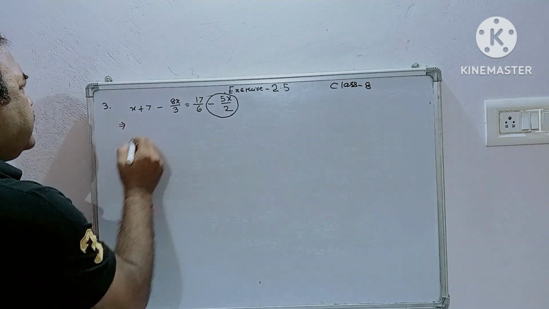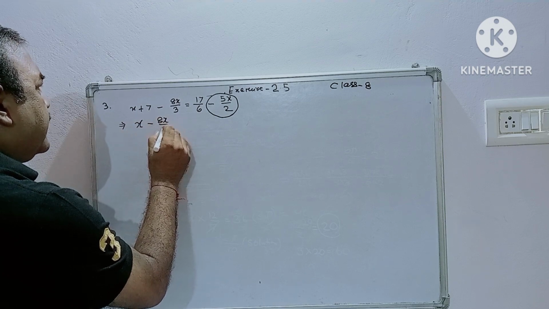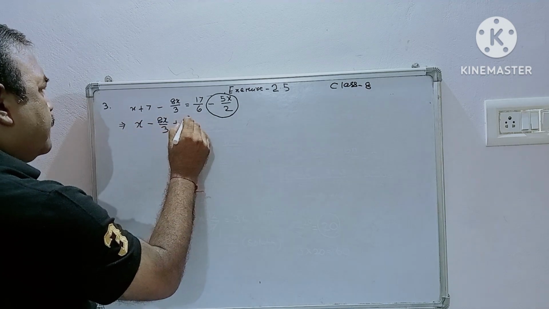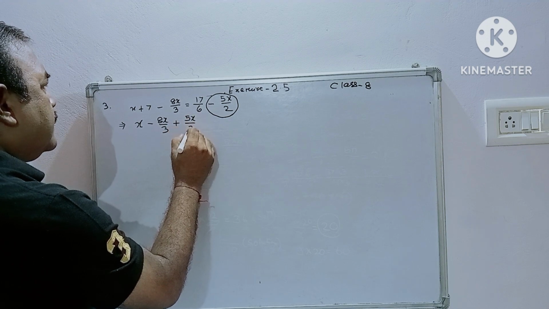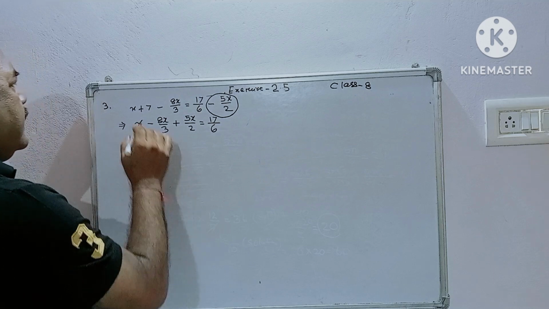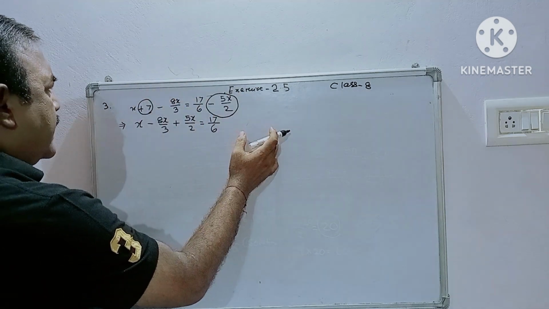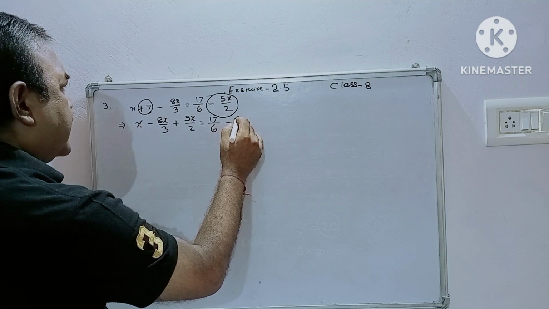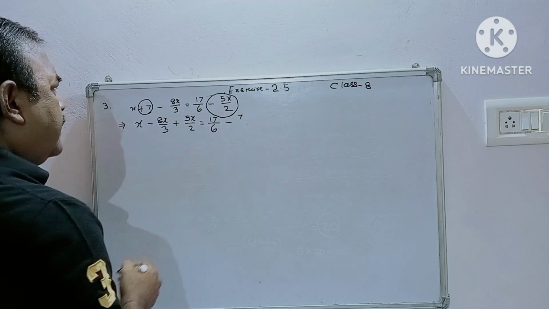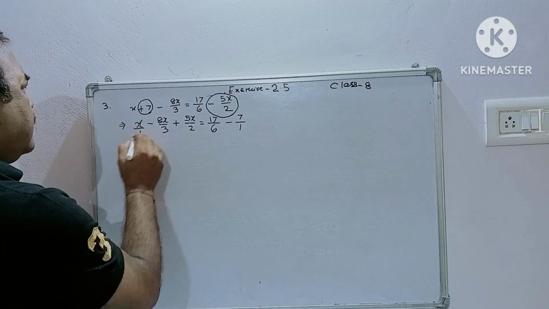So that implies x minus 8x upon 3 plus 5x upon 2 is equal to 17 upon 6, and here plus 7 will be transposed to the right hand side, so that will be minus 7. So 7 is 7 upon 1, x is x upon 1, like this.